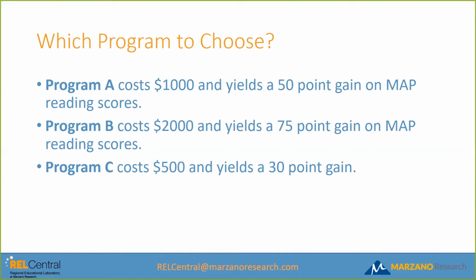Okay, so it looks like most of the people that answered the question chose program C. And I'm just wondering if anyone would be willing to use the Q&A button to give us a brief rationale for why you chose program C. What is it about program C that would make you think it's the most cost-effective program among those three choices?